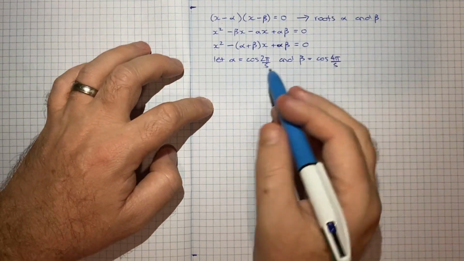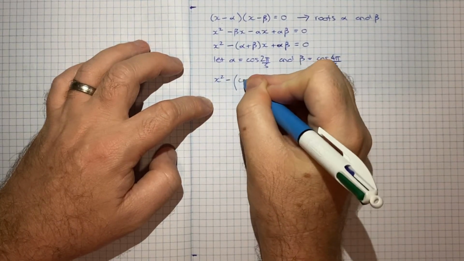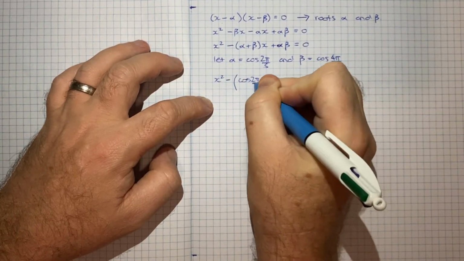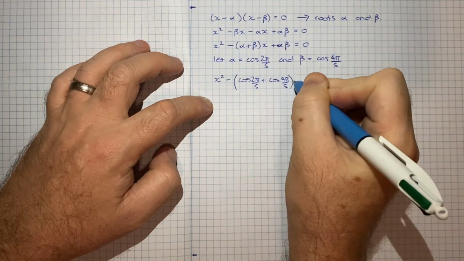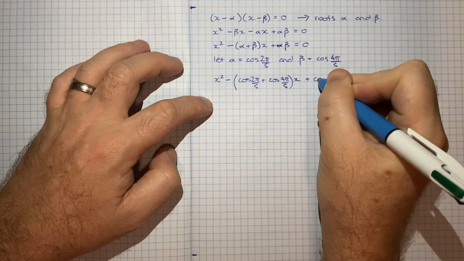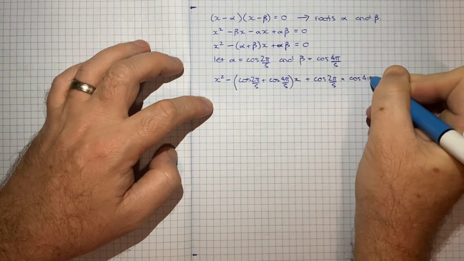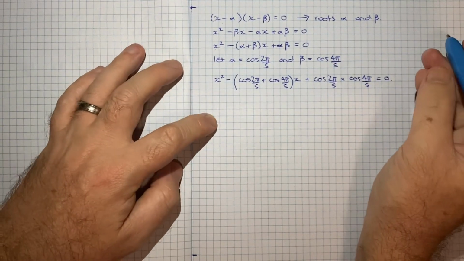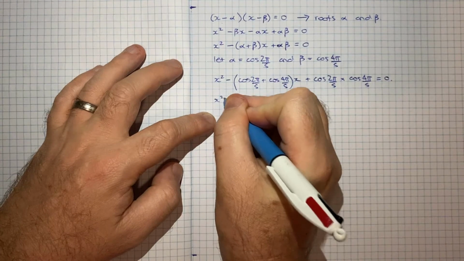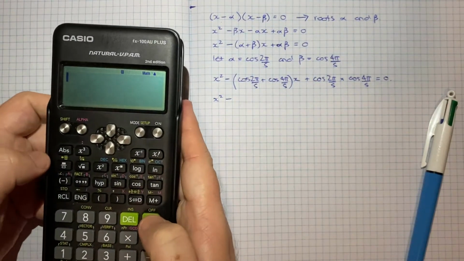So if I now insert these values, we'll get x² − (cos 2π/5 + cos 4π/5)x + cos 2π/5 × cos 4π/5 = 0. At this point I'll plug this into my calculator.